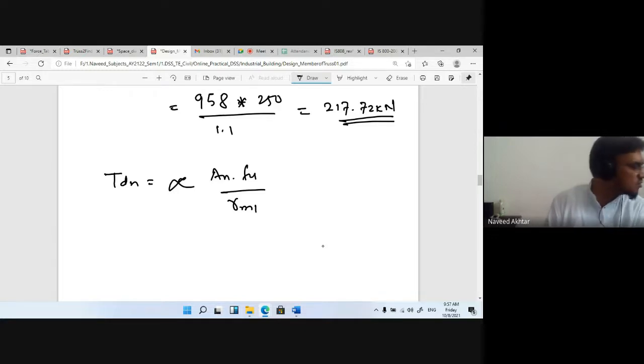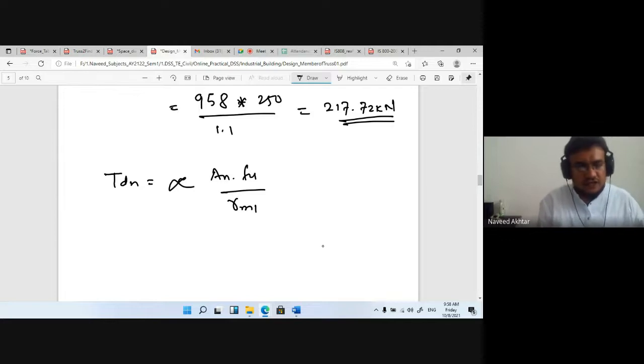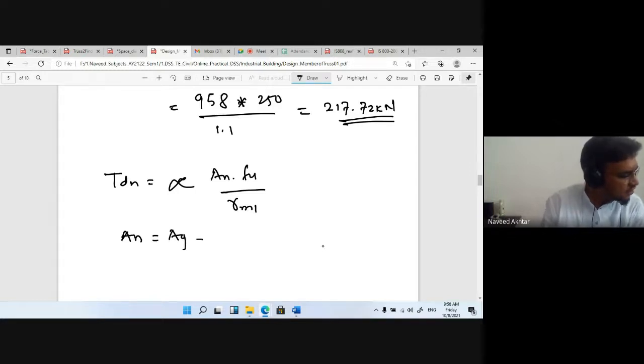AN you can find by deducting the hole area, so you can consider the diameter of the bolt also, and then only can you find TDN. How to find AN? AN is equal to AG minus the area of the holes.